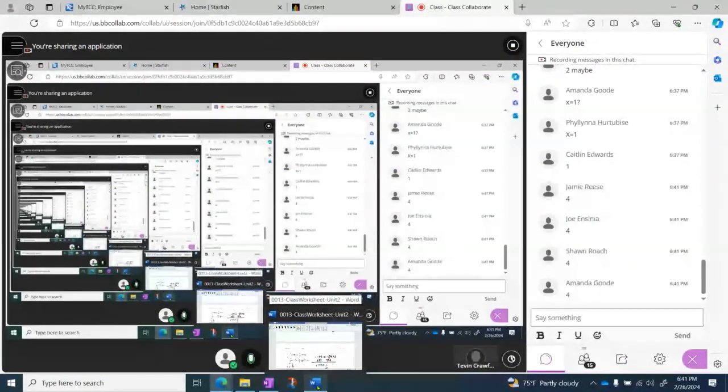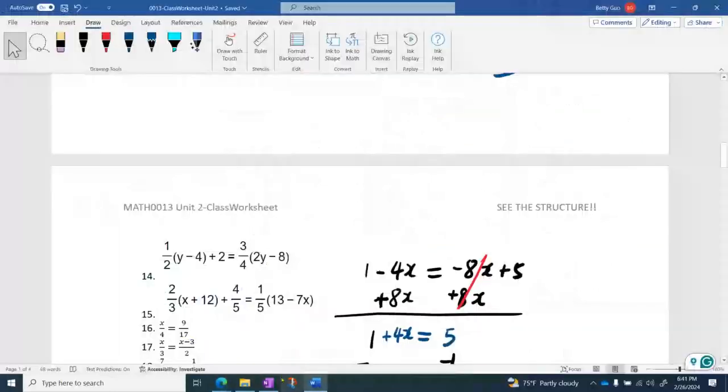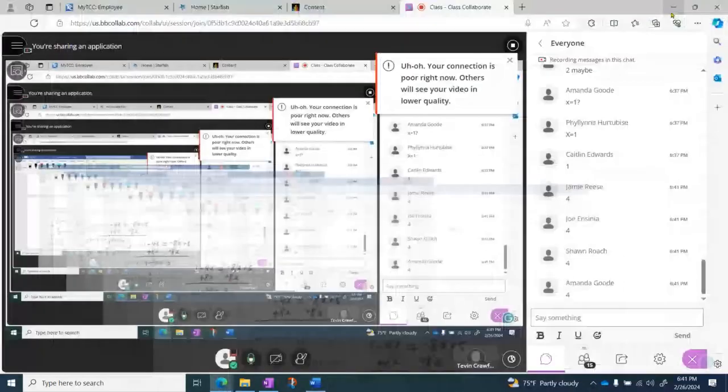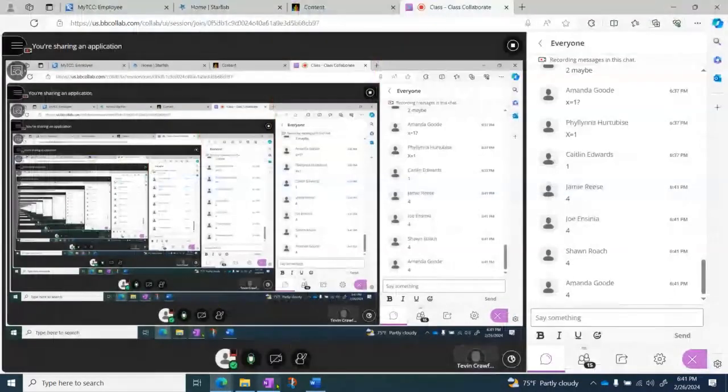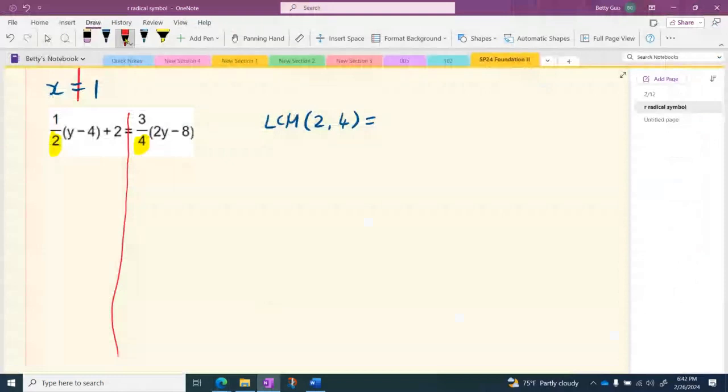First special case: the LCM is the bigger number. It's a 4. Now I'm going to multiply each side of the equation by 4.